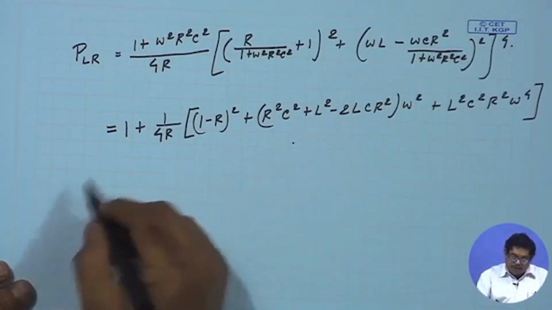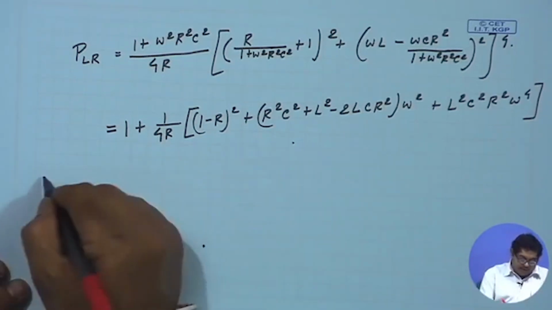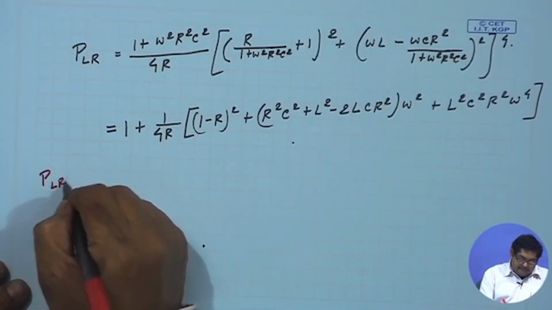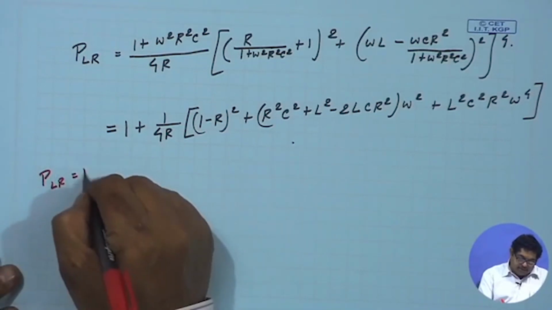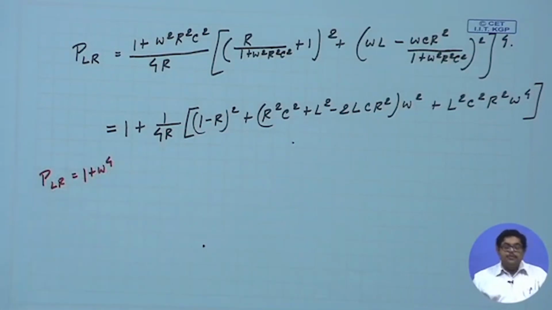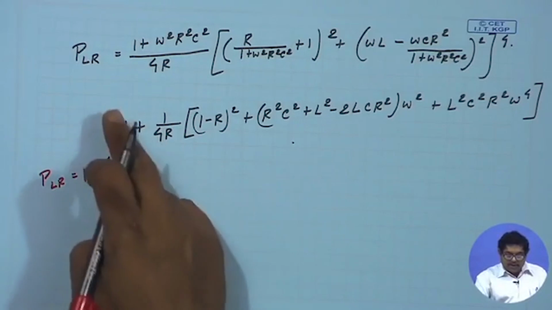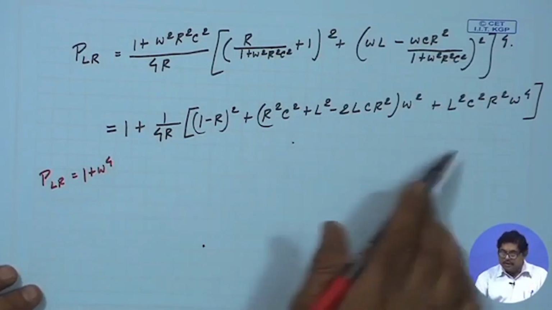Compare this with our specified PLR, which is 1 plus omega 4th. This is Butterworth, and this is the thing I got.